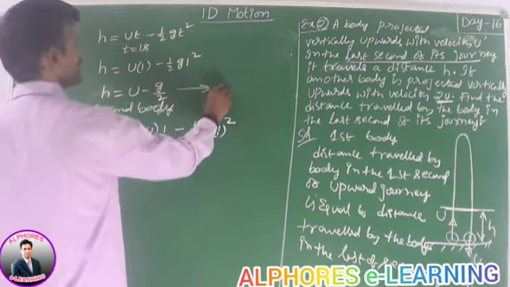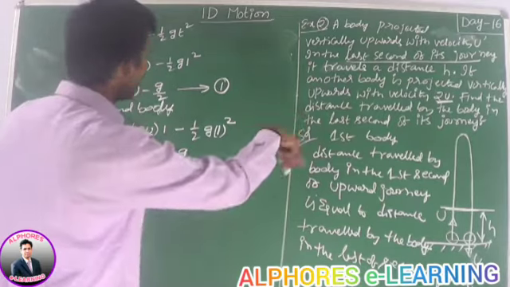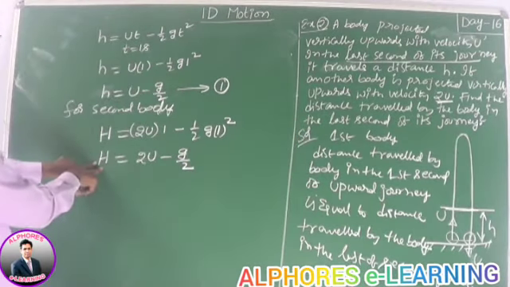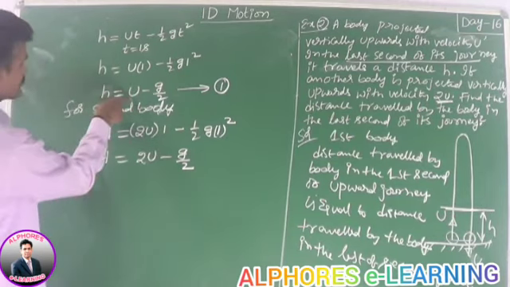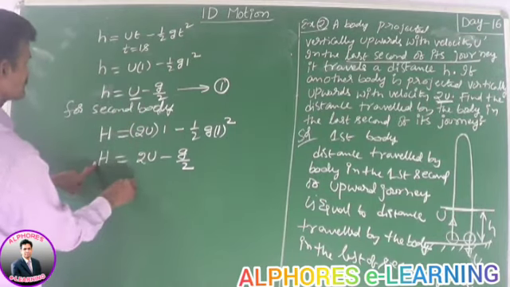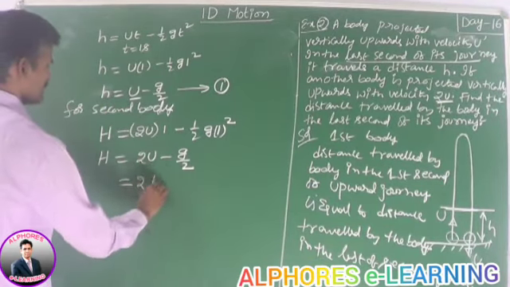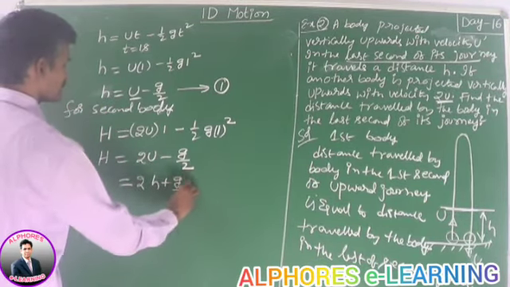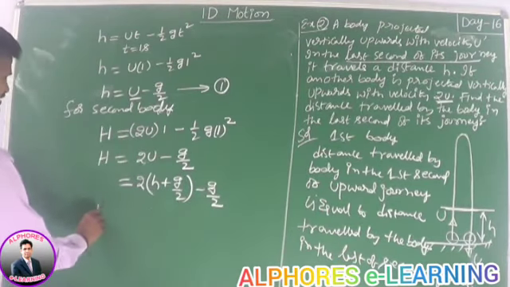From equation 1, u can be written in terms of h and g, so I have to express capital H in terms of h and g. I can substitute u as u is equal to h plus g by 2. So H is 2 times h plus g by 2, minus g by 2.